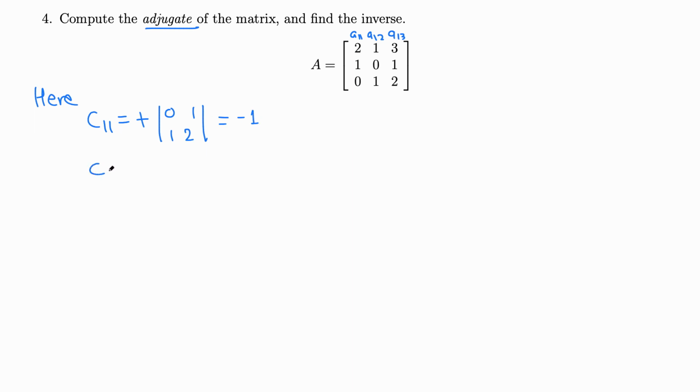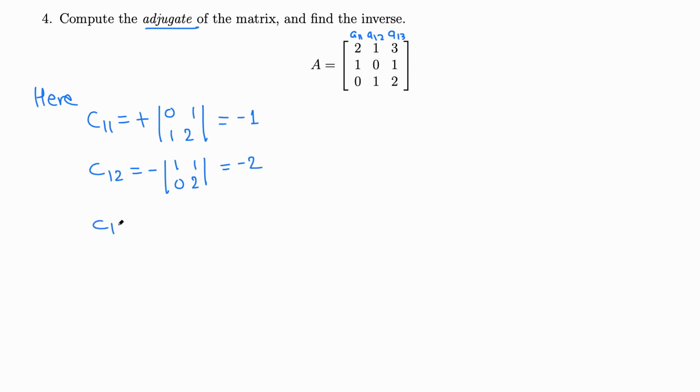And now let's find C12. Based on A12, this is C12 by location, plus minus, this will be minus. Now we delete the row and column containing this one, so 1 1 0 2, which is 2 minus 0, just 2, and negative 2.